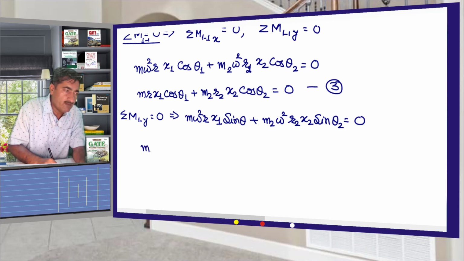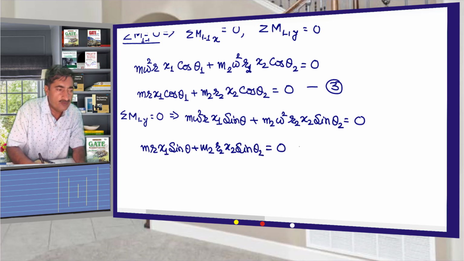Then m into r into x1 sin theta plus m2 into r2 into x2 sin theta 2 equal to 0.